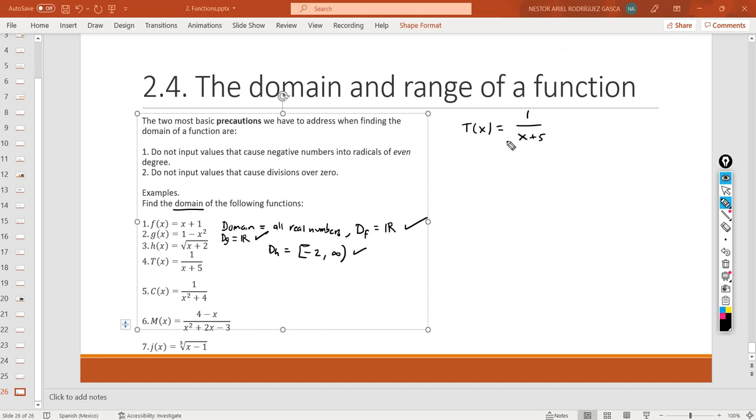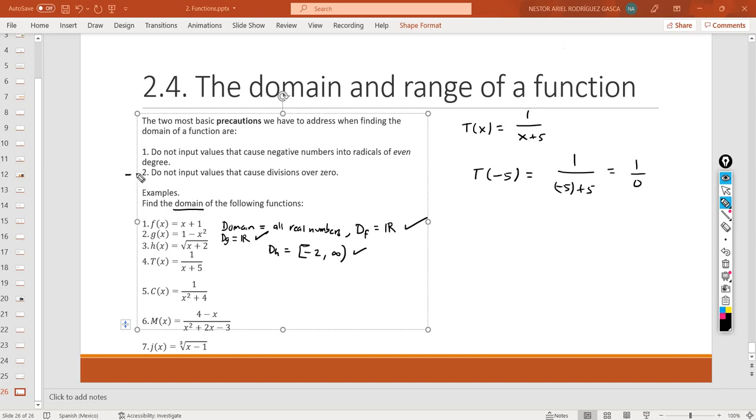We can give negative values, positive values, 0, etc. The only value of x that will cause problems is minus 5. Why? Because when you replace it, you're going to get 0 in the denominator, and we cannot divide by 0.